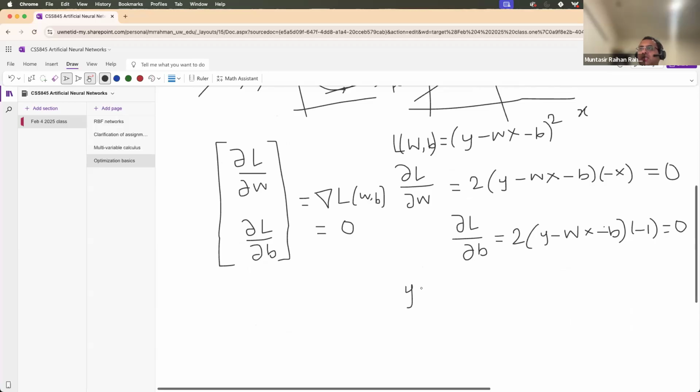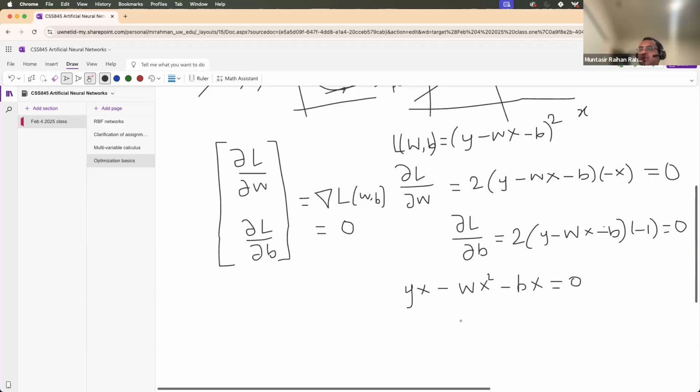You can see that this could be yx minus wx squared minus bx equal to 0.